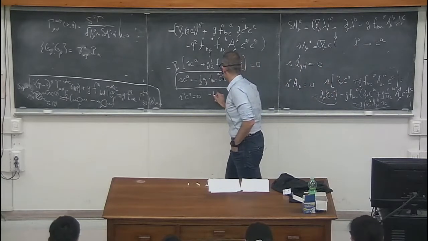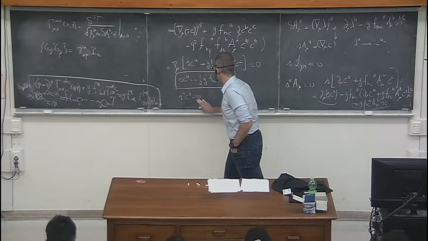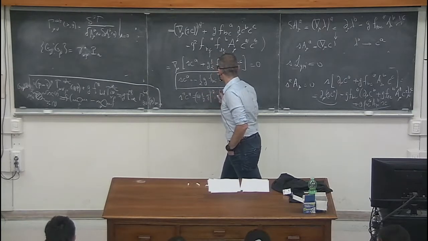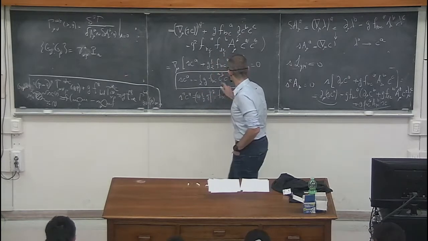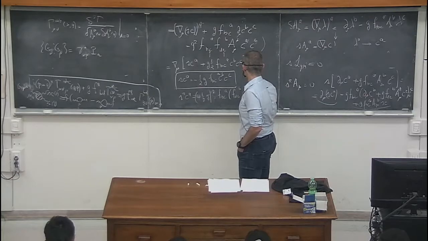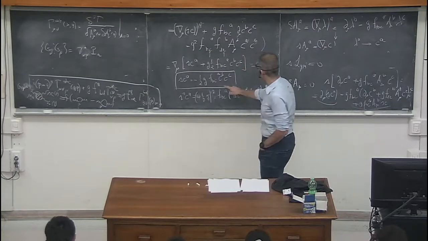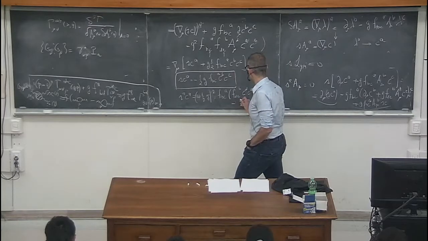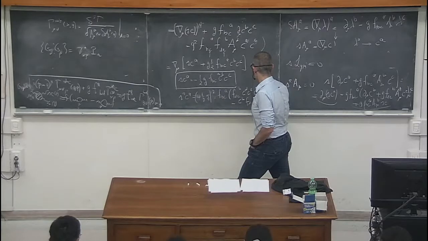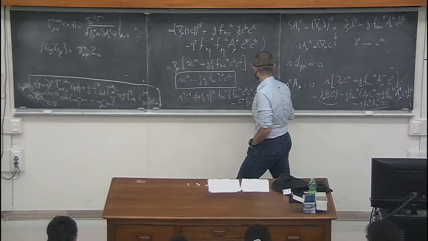So I get minus half. So I'm doing S squared, which is just minus half of g squared. Then I have F^A_BC. So I did this one, which is F. Then I have, let's say, F^B_DE C^D C^E C^C, okay? And then I have another piece, which is minus C^B, and then I have F^C_DE C^D C^E, okay?